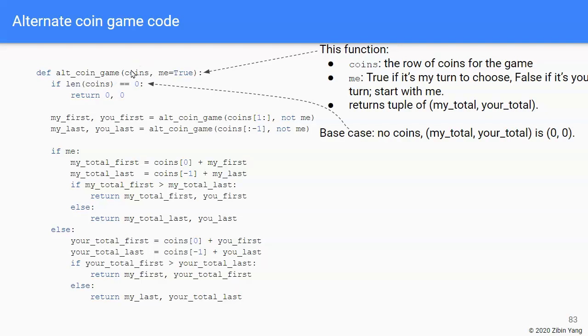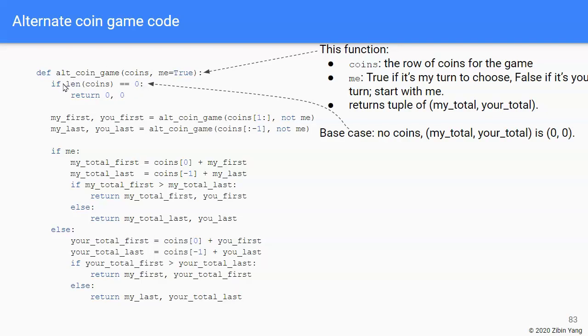The input is the row of coins that I'm playing, and I also take a parameter me. If it is true, then I'm the one making the choice, and if it's false, then you, the second player, are the one making the choice. What it returns is my total and your total.